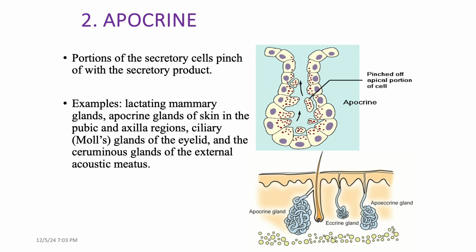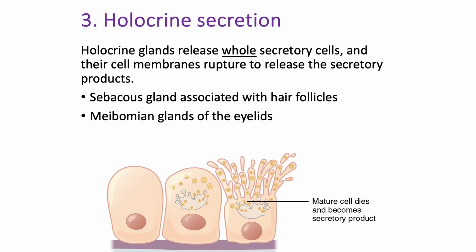So you have this in the breast, lactating mammary glands, apocrine glands of the skin in the pubic and axilla. So we are talking of sweat glands that are located in the armpit and then the mons pubis areas. Okay, and they also have the ciliary or Moll's gland of the eyelid, also undergo this kind of secretion.